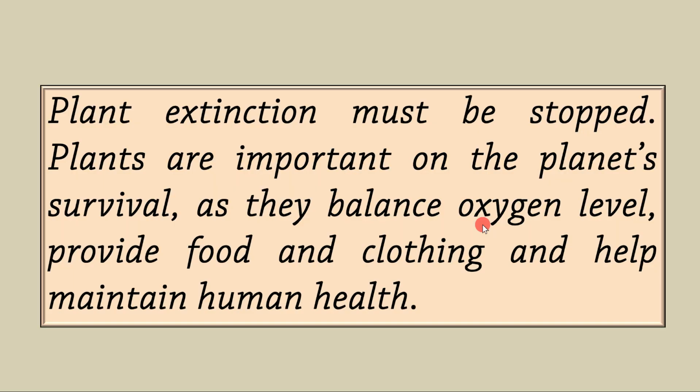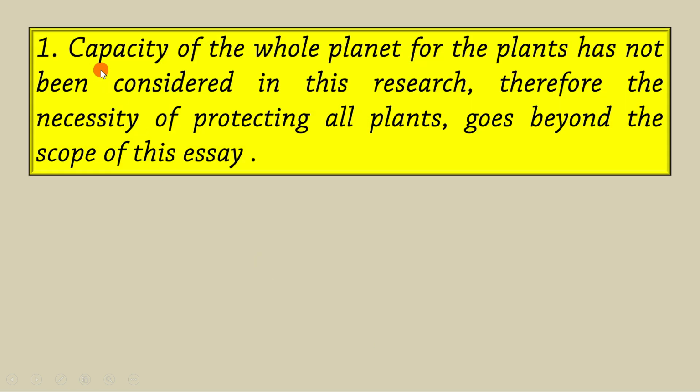For instance, suppose that the thesis statement is: plant extinction must be stopped. Plants are important for the planet's survival as they balance oxygen level, provide food and clothing, and help maintain human health. Okay? Let's consider some unsolved questions. Number 1. The capacity of the whole planet for plants has not been considered in this research.